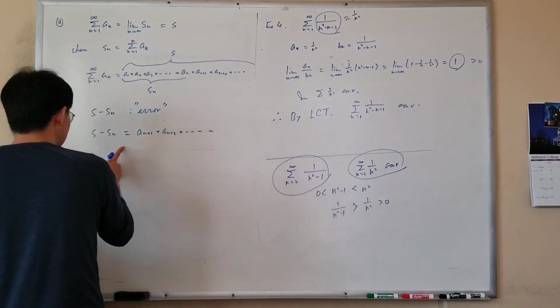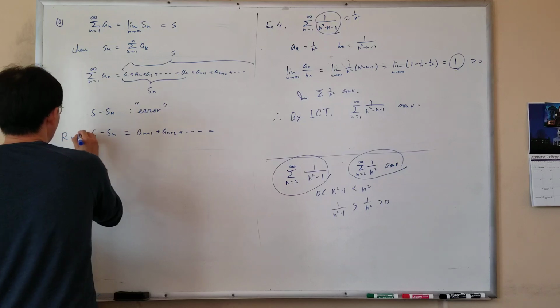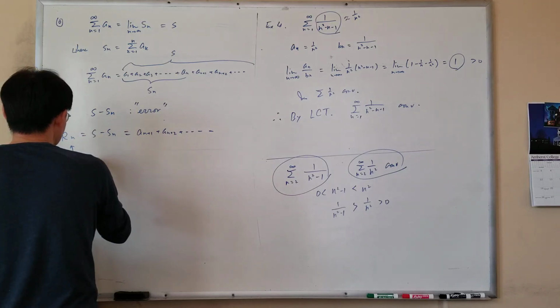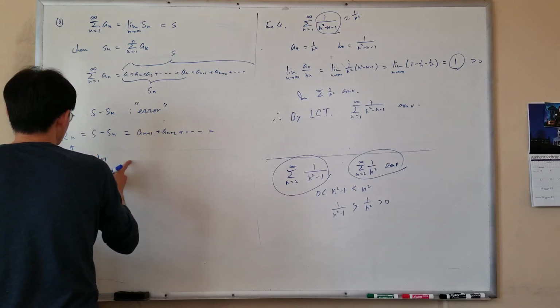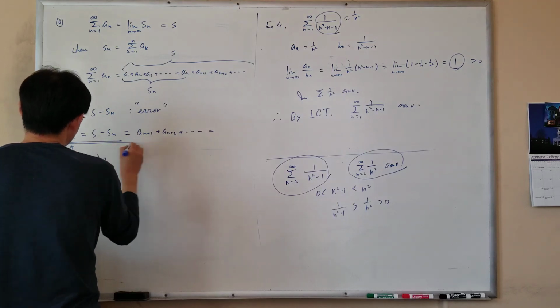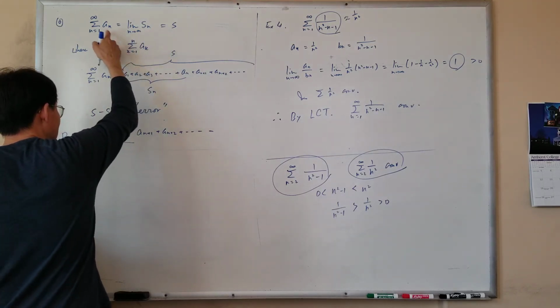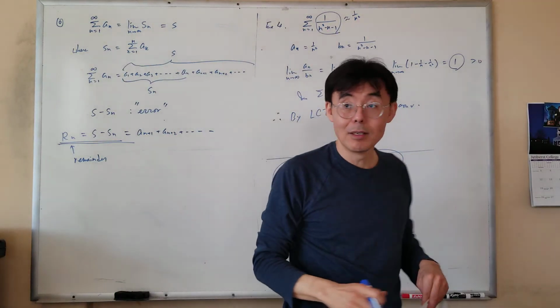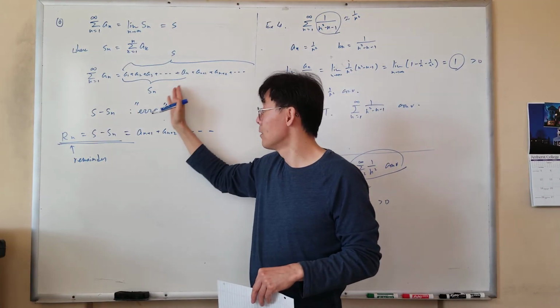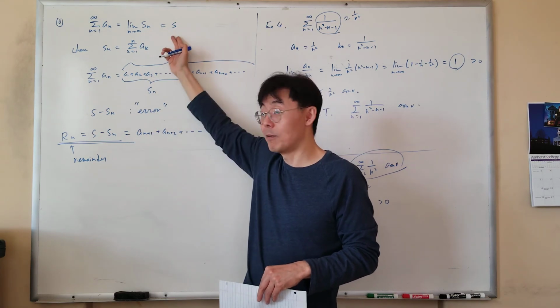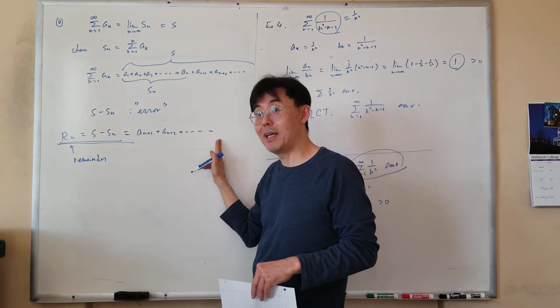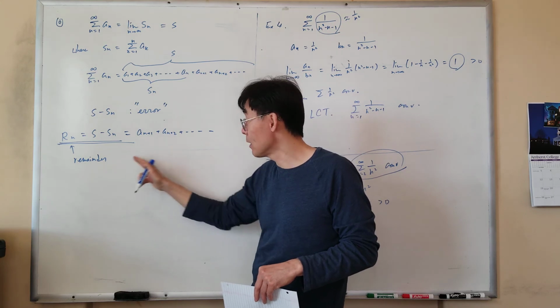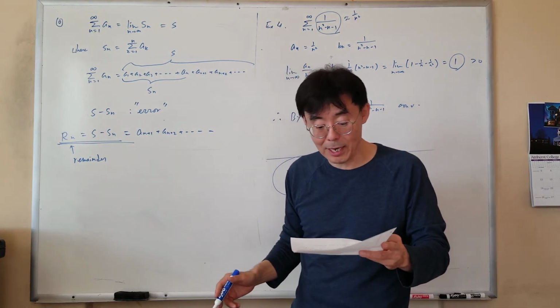That's why we call it the remainder Rn. The remainder Rn is defined as the true value of the sum of the series minus the partial sum Sn, the running total up to the nth term. For a convergent series, that means the sum of all the remaining terms. That's why we call it the remainder. The remainder is just the error, all right?